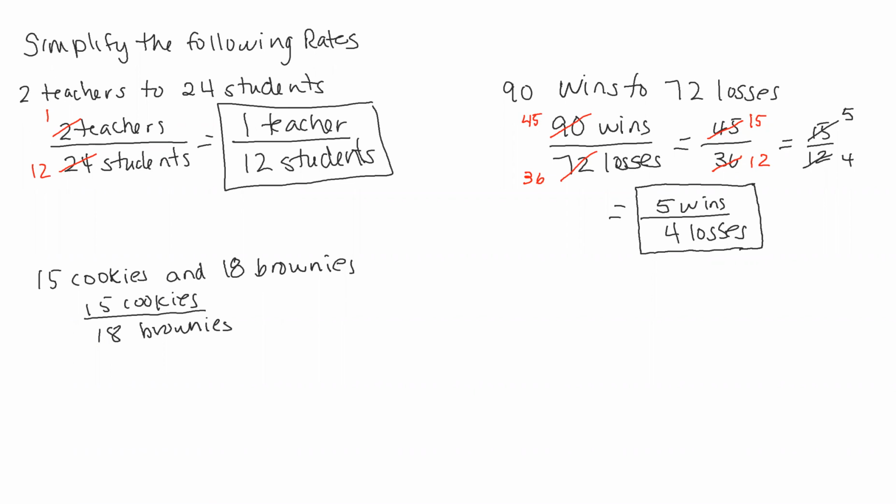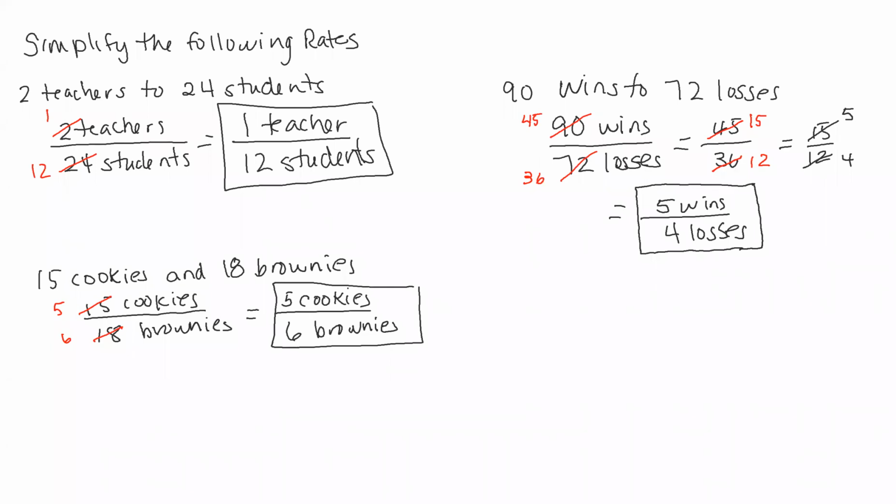And we would reduce. 15 and 18 both have a 3 in common. 3 goes into 15 5 times, into 18 6 times. So our final answer would be for every 5 cookies that we make, we want to make sure that we have 6 brownies. And that's our final answer.